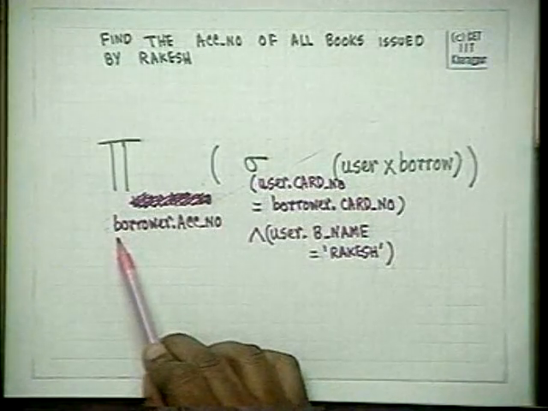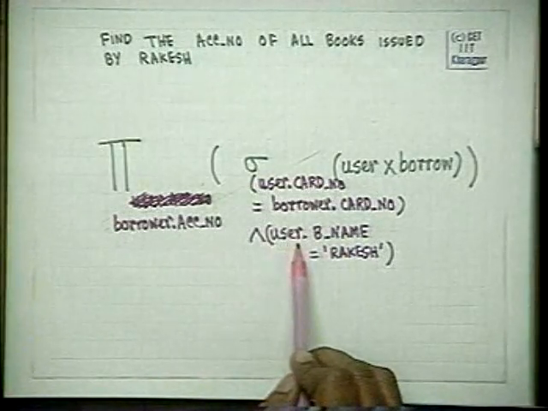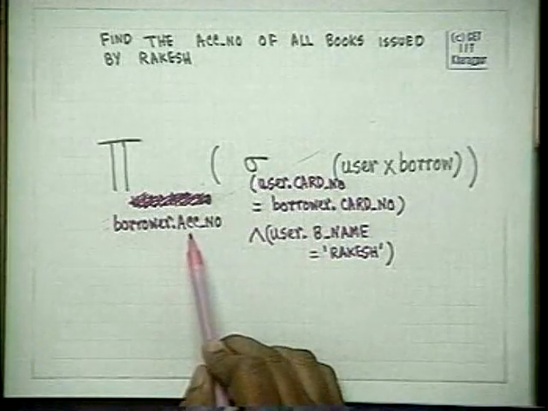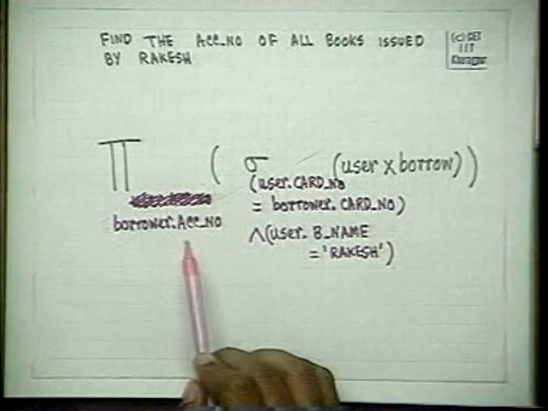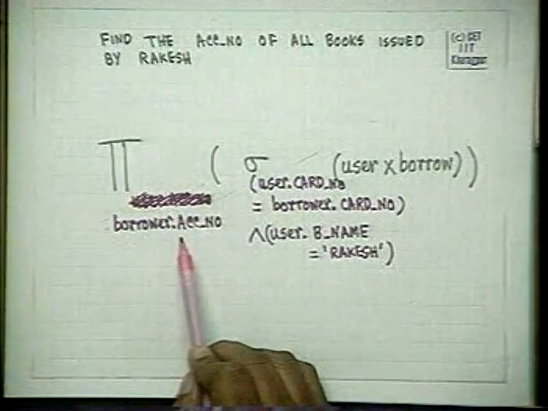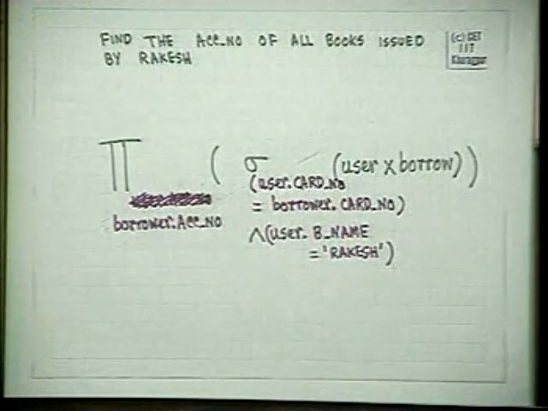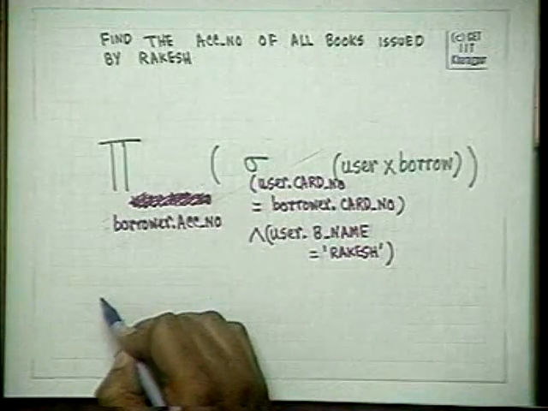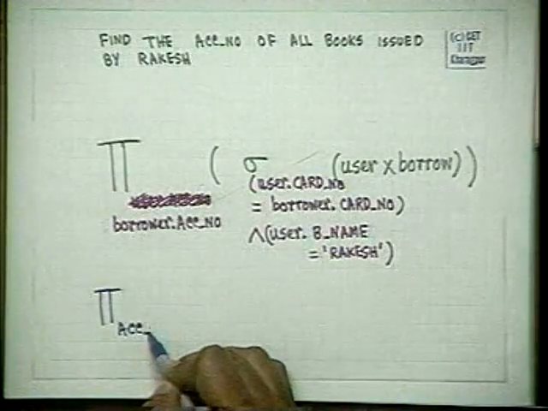Now sometimes I need not write down these relation names if the attributes do not clash. That is, for attributes which are not common, I need not write this down. Only where they clash, I will write them down. So this query may be simplified and written out like this without any loss of ambiguity.